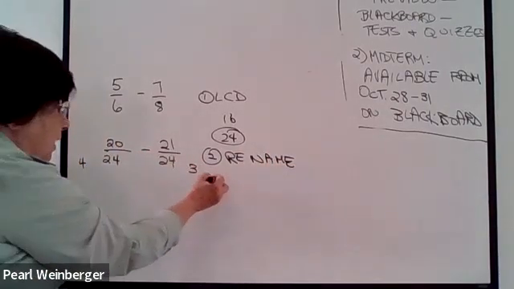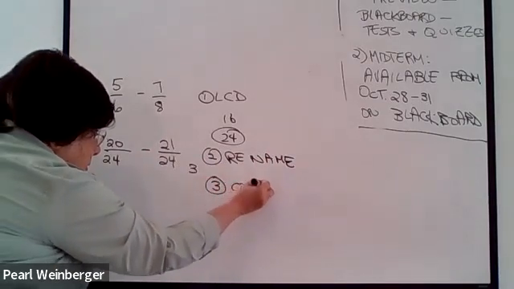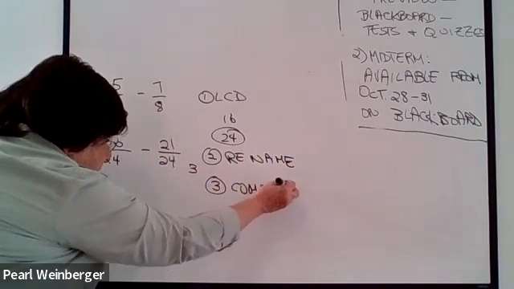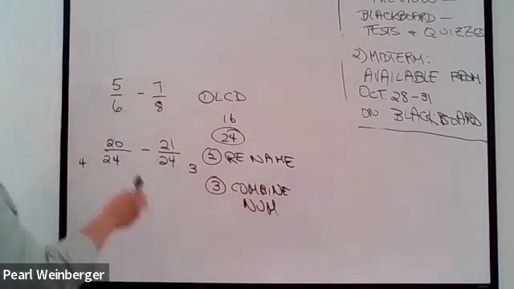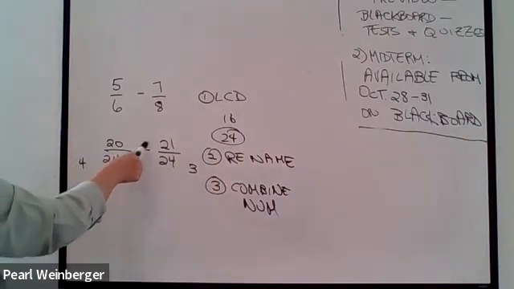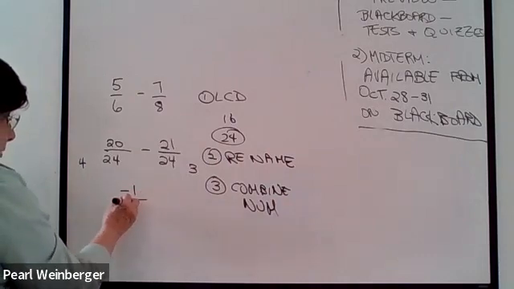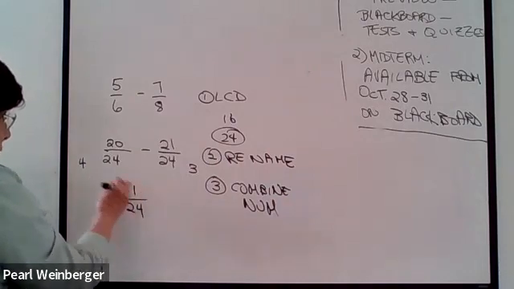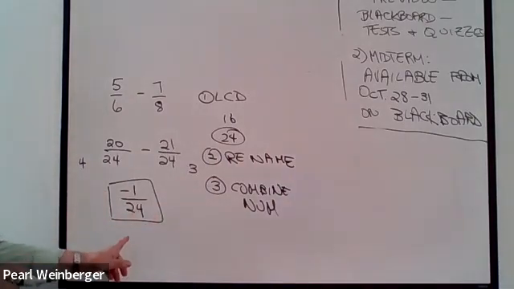And once I've done that, I just have to combine the numerators and put it over the common denominator. So then I'm going to do 20 minus 21, which gives me -1. And my answer is going to be -1/24. Don't forget to put it over the common denominator.